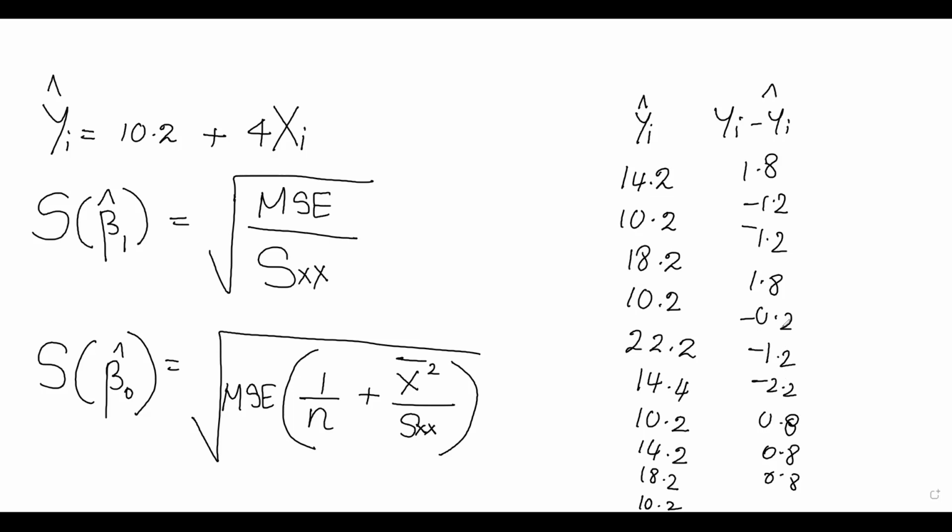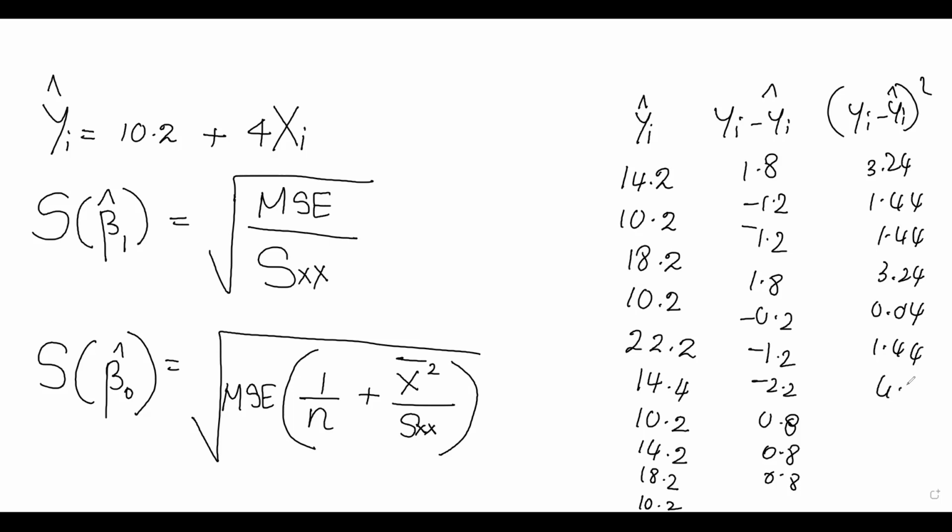That's 10 values. Then you have to take the square of it. So this is 3.24, 1.44, 1.44 once again, 3.24, 0.04, 1.44, 4.84, 0.64, 3 times.